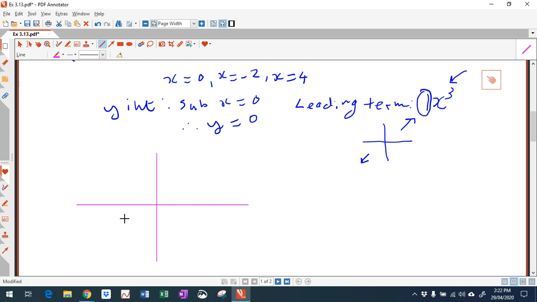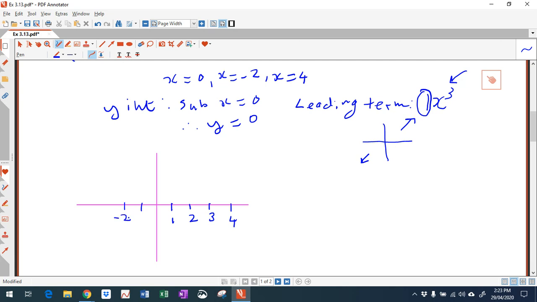All right, that's okay. So we'll just do it by freehand then. So call that 1, and 2, 3 and 4, and I'll call that negative 2.